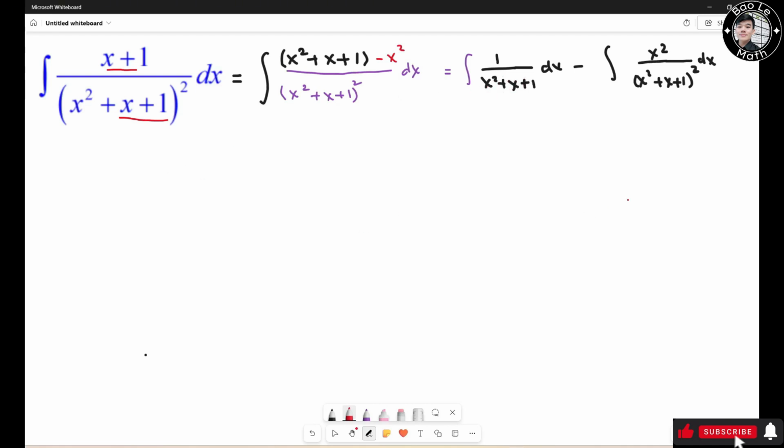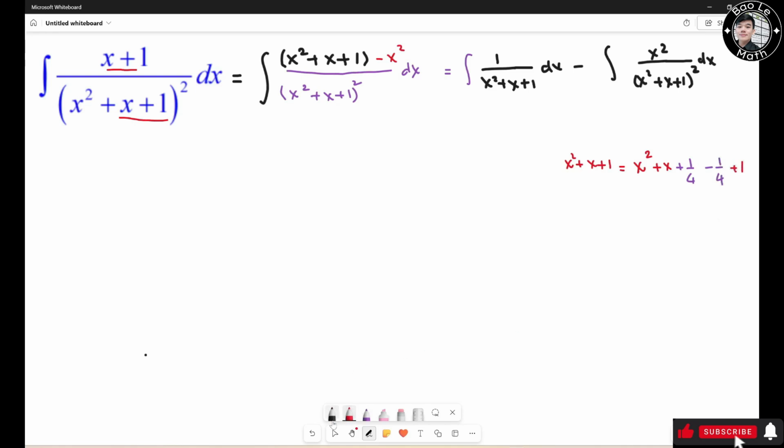Basically, s squared plus s plus 1 is the same thing as s squared plus s, and now I'm going to add 1 over 4 and minus 1 over 4 and then plus 1.